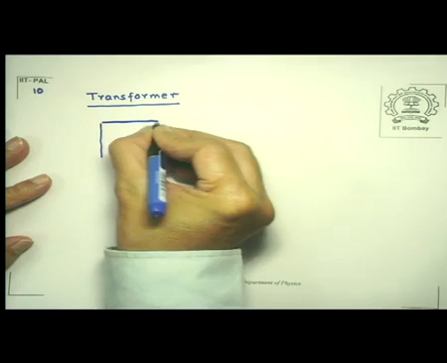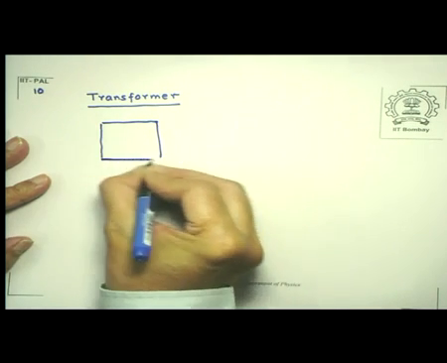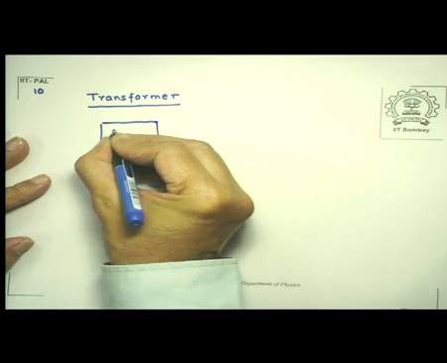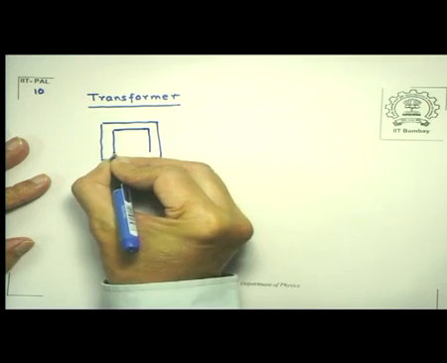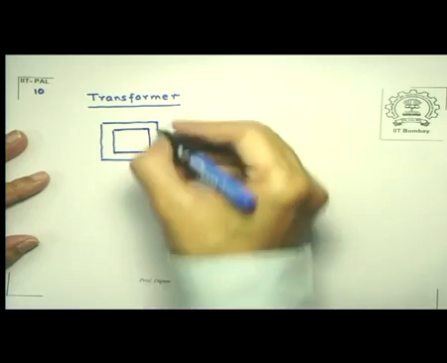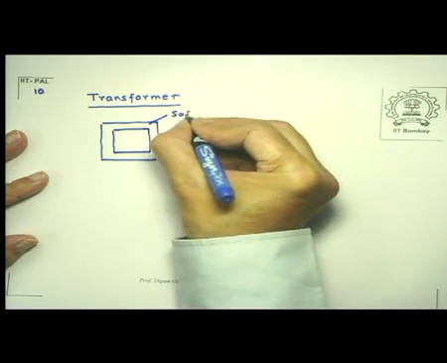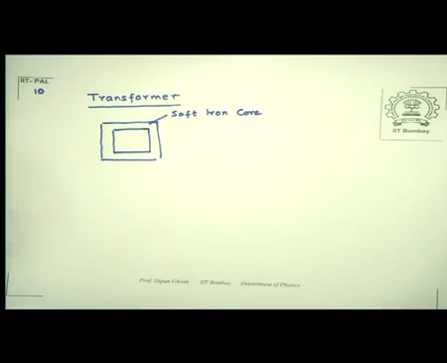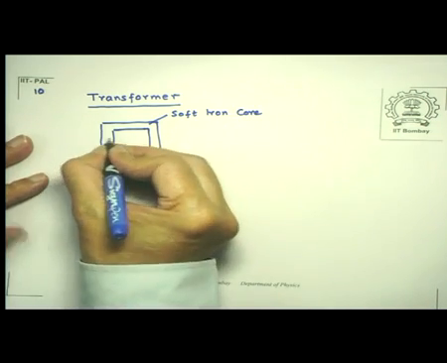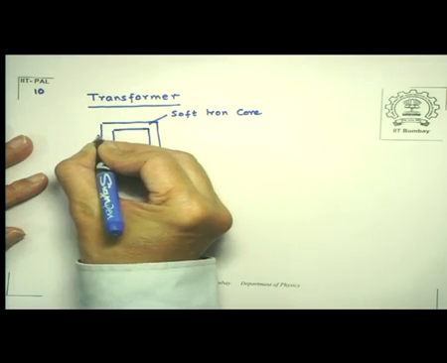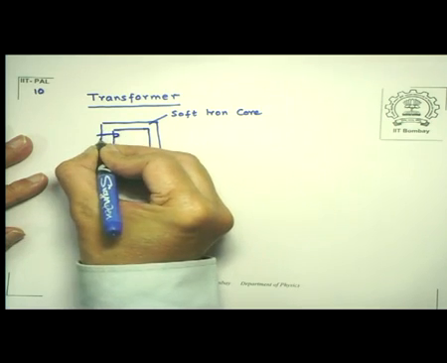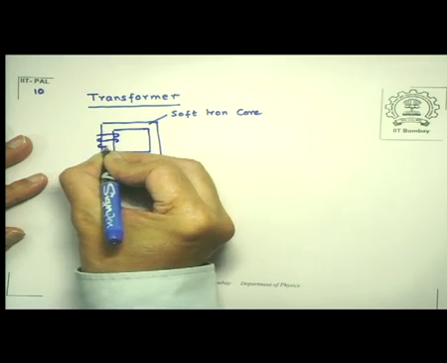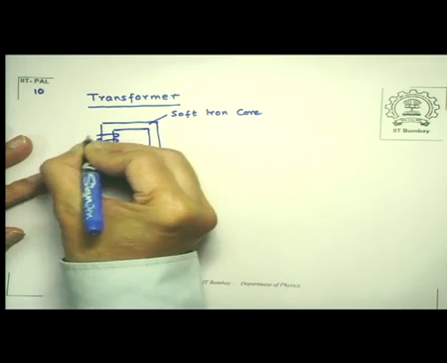So a transformer has two sets of coils. Let me first show it in one type of circuit. This is not necessarily the only type of arrangement that is possible. So this is a soft iron core. Now what I have here is that on one of the arms I have certain turns of wire which is put in.